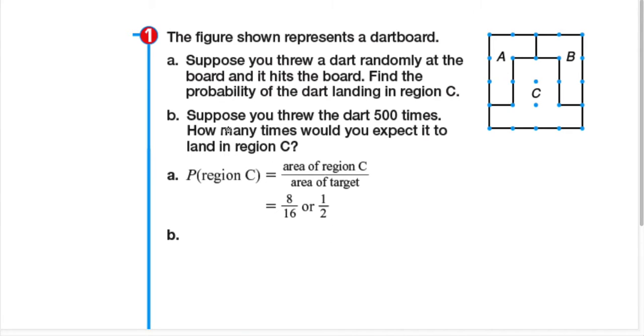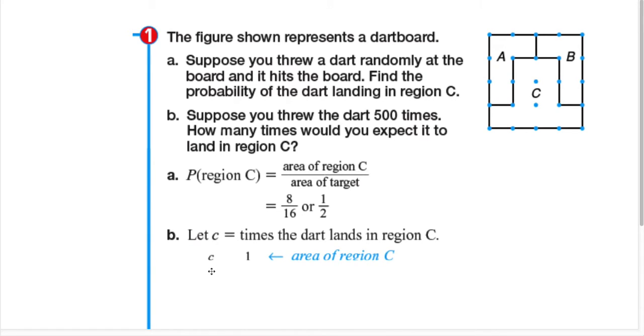In letter B, suppose you threw the dart 500 times. How many times would you expect it to land in region C? So let C represent the number of times the dart lands in region C. When we do that, we simply use a proportion, C over 500 equal to 1/2, where C represents the number of times the dart lands in region C, and the 1 represents the area of region C, and the 2 represents the area of the dartboard.